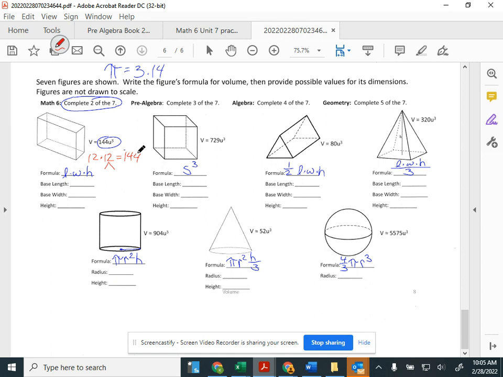What 2 numbers? I could do 6 and 2. I could do 3 and 4. I could do 12 and 1. So if I multiply 12 times 6 times 2, it's the same as saying 12 times 12, because we know 6 times 2 is 12. So there we go, getting 3 sides that I can plug in, 1 for the length, 1 for the width, and 1 for the height.